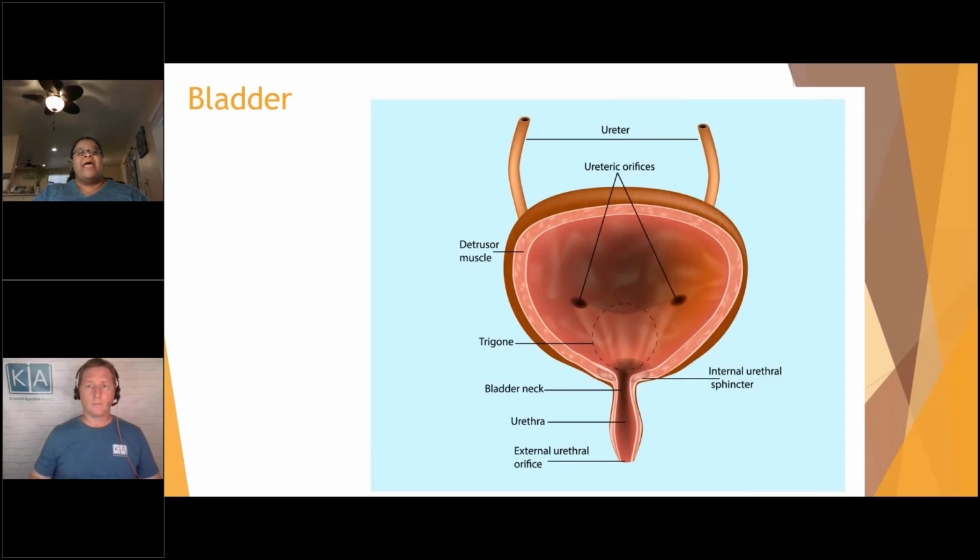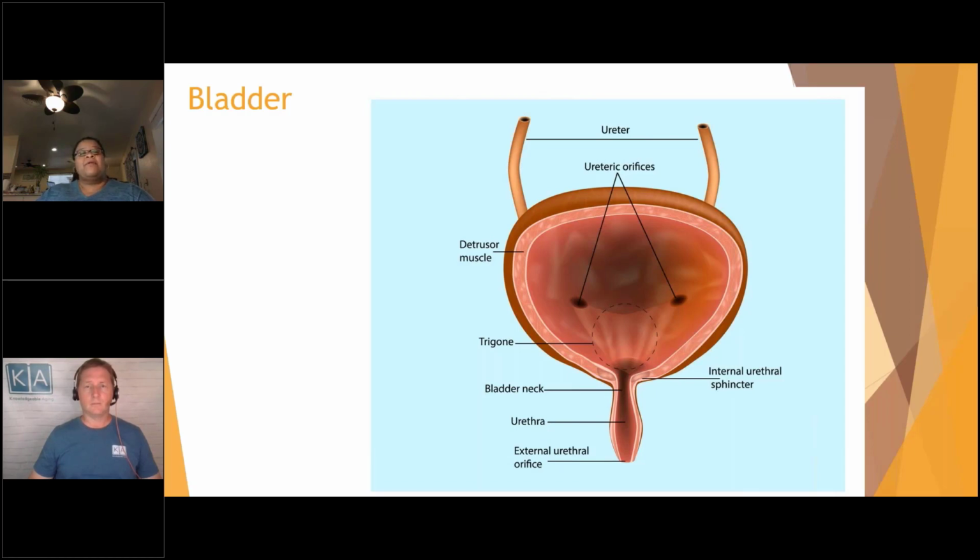Okay, then looking at the urinary bladder, this is a closer look. This is the body's storage tank for urine. And either by reflex or a conscious decision, this is where the urine will be released. So on average you can urinate about 6 times a day, but it will depend on how much you're drinking. Anywhere between 4 and 10 times a day is considered normal urination in a 24-hour period.